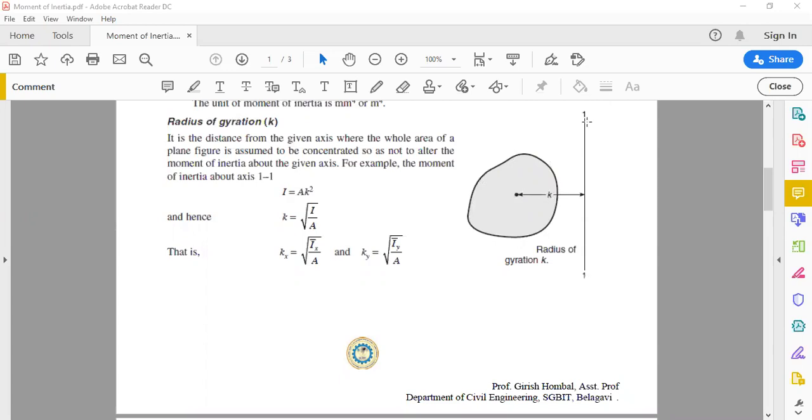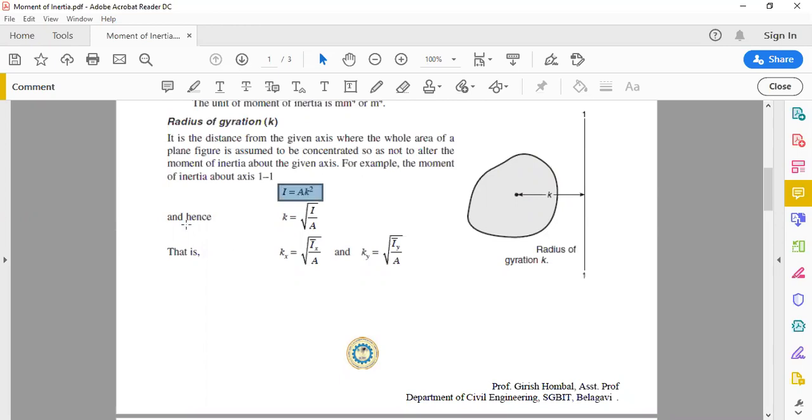So we write the moment of inertia about this axis 1-1 as I is equal to A k square. Which means the first moment of area is A into k, and the second moment of area is A into k. So the second moment of inertia about axis 1-1 is written as A k square.